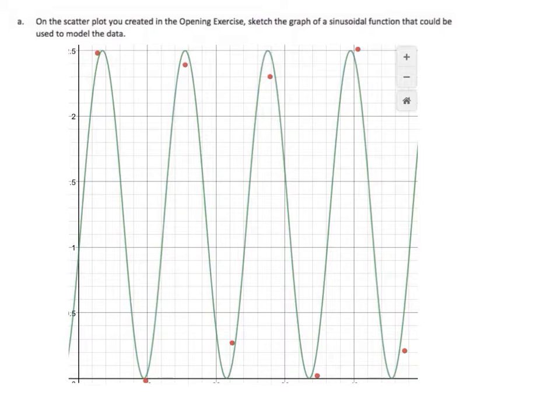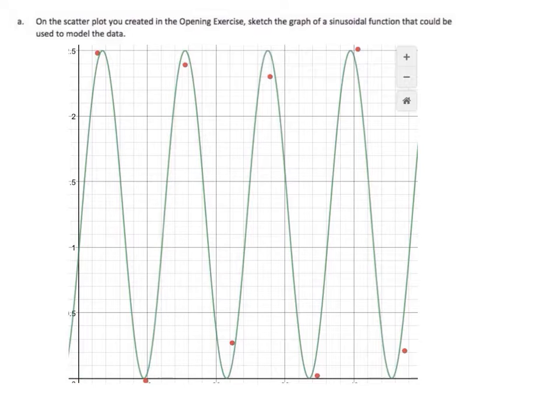Now I've already done the work to get the equation for the sine function, so that's how I drew a sinusoidal function over it. But if you did your scatter plot by hand, you would just connect and try to make everything in a cycle that's even. I didn't copy the x-axis down, sorry.